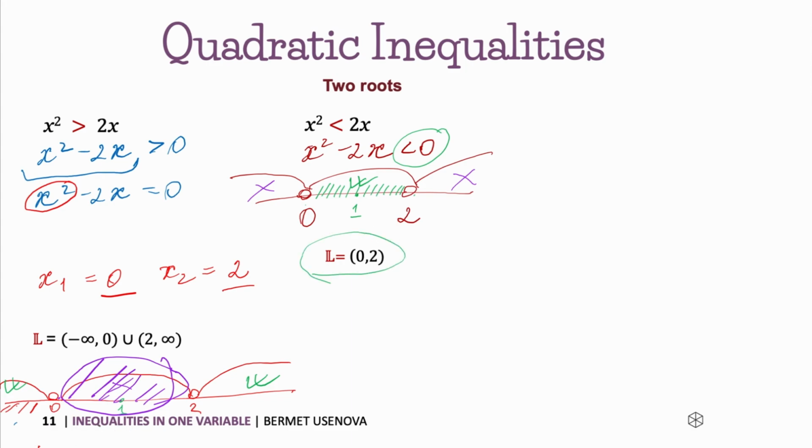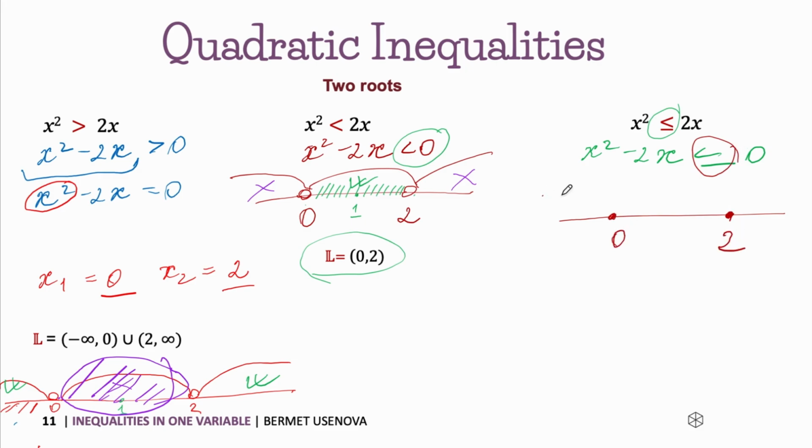Yeah, and let's have a look at the third example. Now we have this sign: x squared minus 2x is less than or equal to 0. Again, we will draw the intervals, but because now we are allowed to be equal to 0, we include the roots in the solution set.